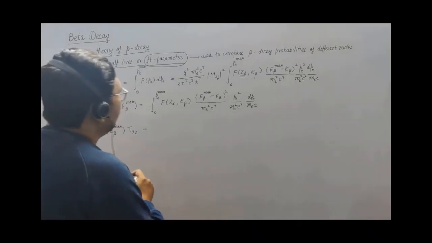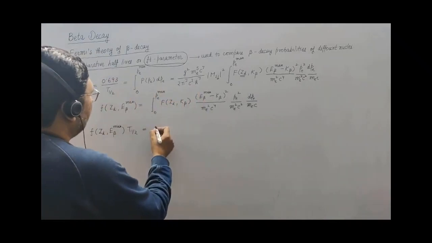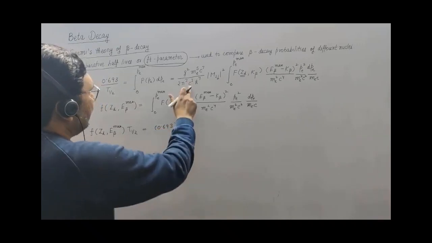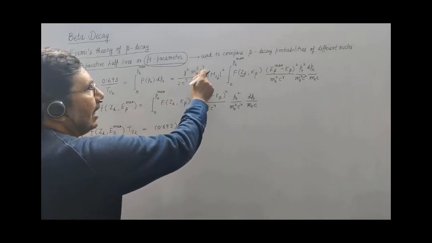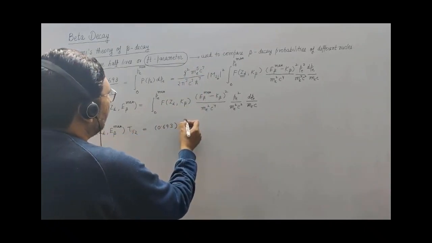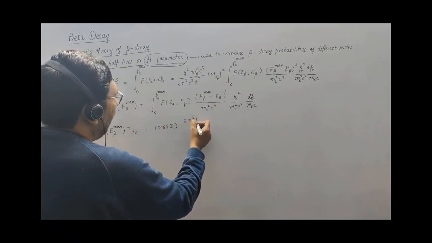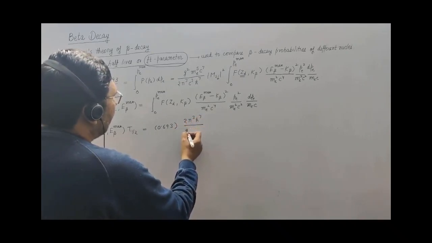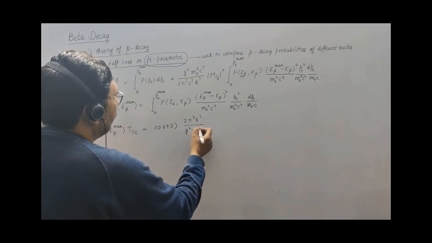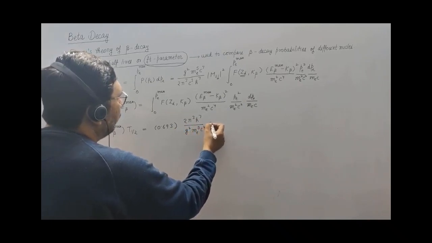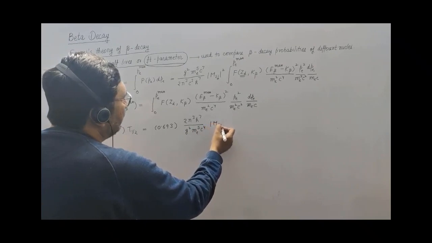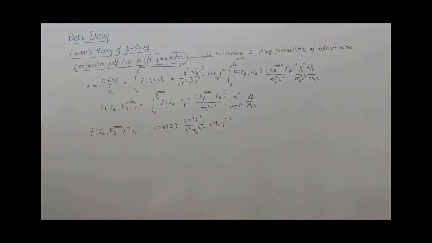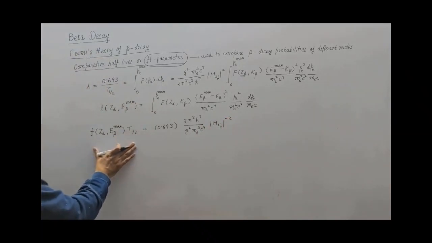This will become equal to 0.693. This C cube will cancel out and we will be left with C to the power 4. So here this will be 2 pi cube H cross to the power 7, and here G square ME to the power 5, C to the power 4, and Mij to the power minus 2. Now this is the expression of the FT value.